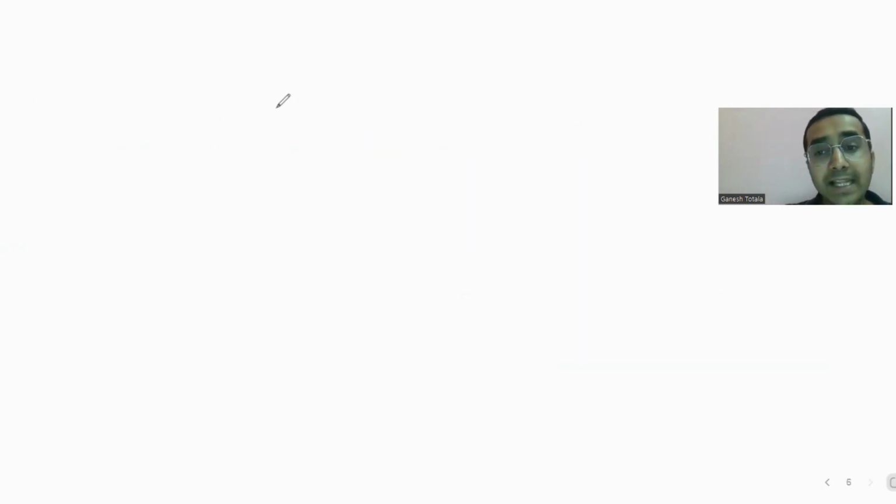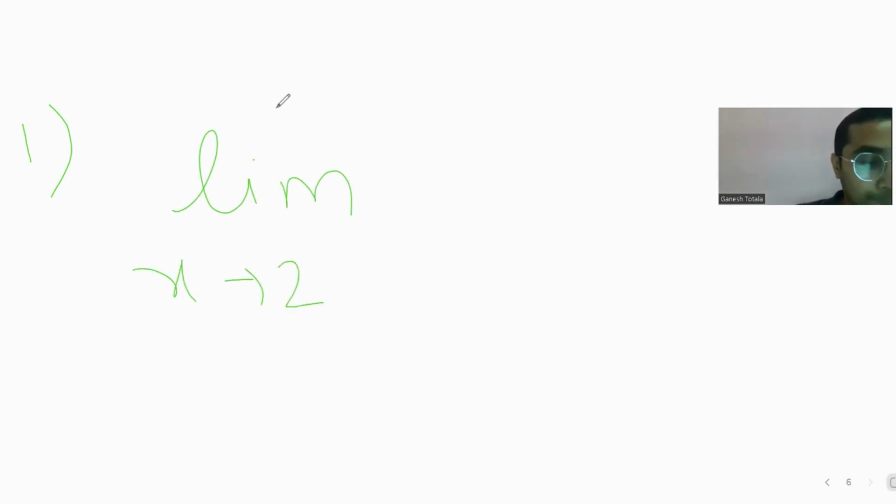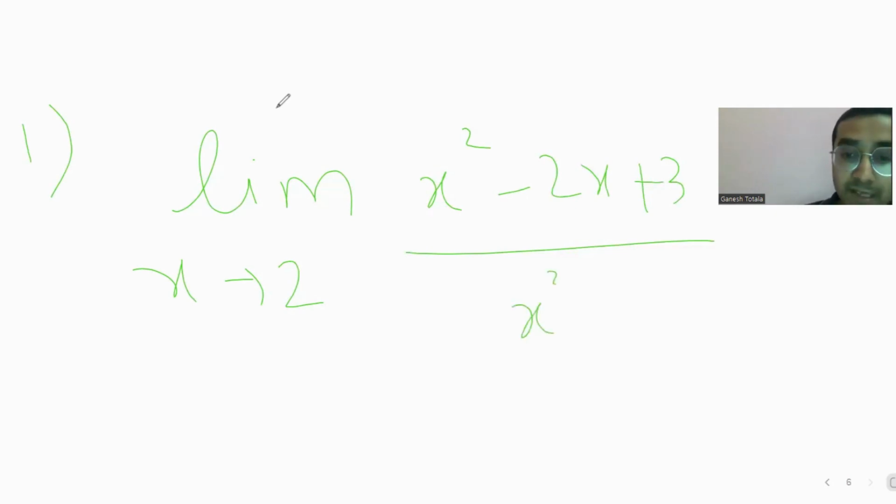Let's start with simple algebraic functions. So let's consider the first problem. The first problem is limit as x is tending to 2 of x square minus 2x plus 3 divided by x square minus 1. Now, in order to solve the problems on limits, first we have to check whether we are getting any indeterminate form or no. Now, what do you understand by an indeterminate form?